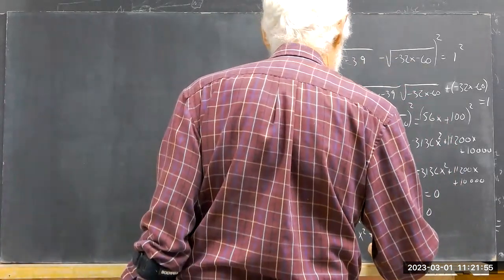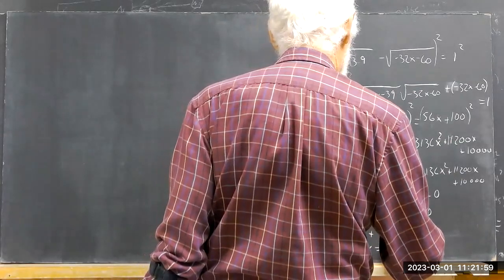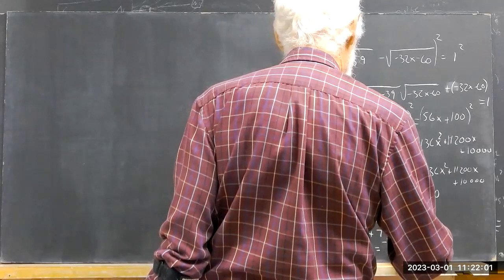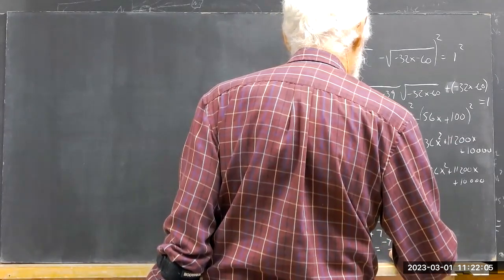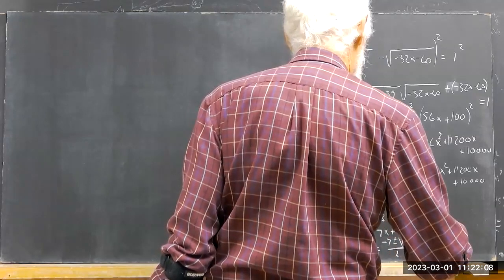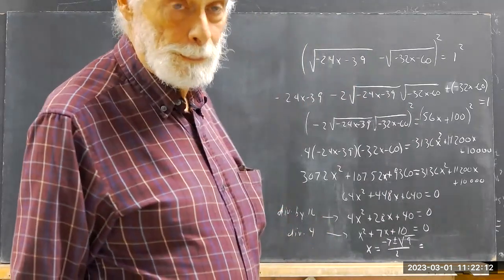Okay, so we get (-7 plus the square root of 9) over 2.